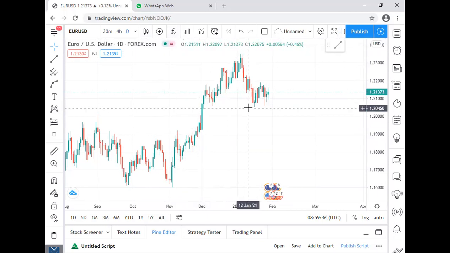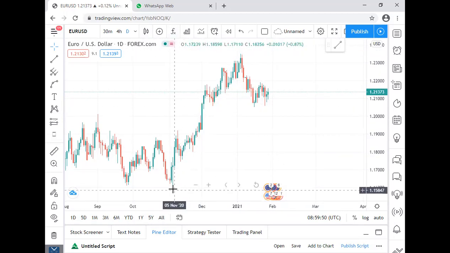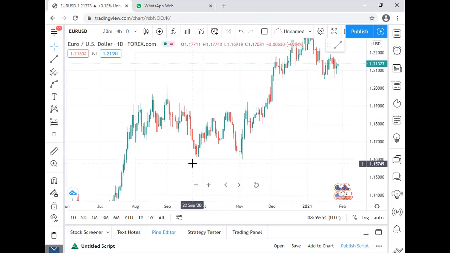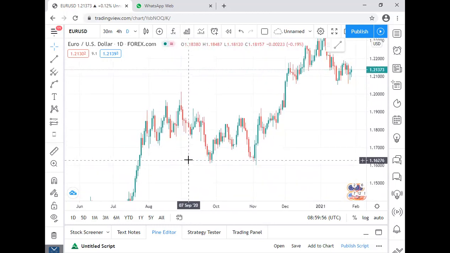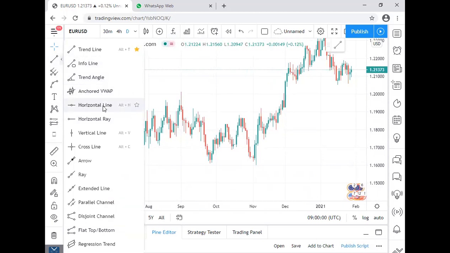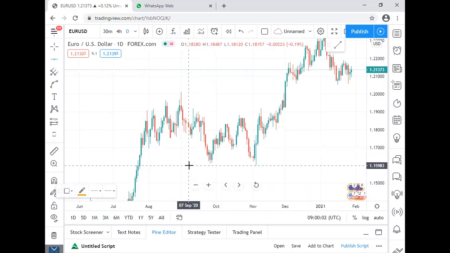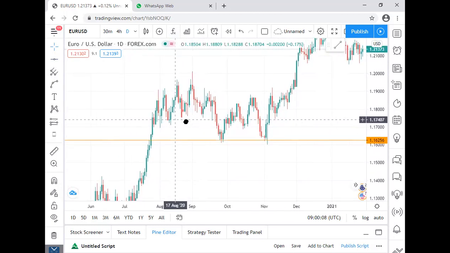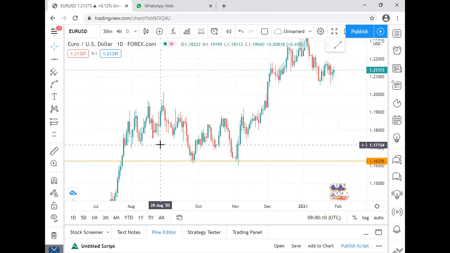30 shows oversold conditions. That is, price is in an oversold region. What does oversold mean? Let's assume that this is our major support now, and price has tested this region for a long time.